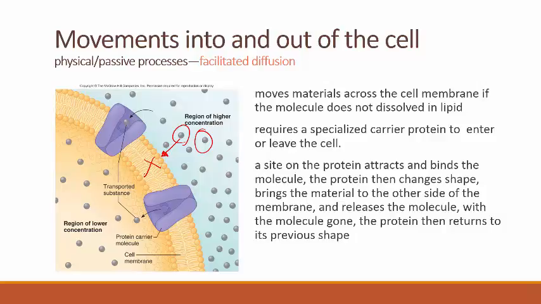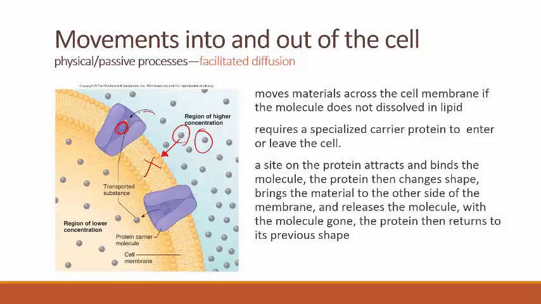But it turns out that embedded in the cell membrane are transmembrane proteins that are capable of binding this solute here that's on the outside of the cell. And when it binds in here, that causes the carrier molecule to change shape.